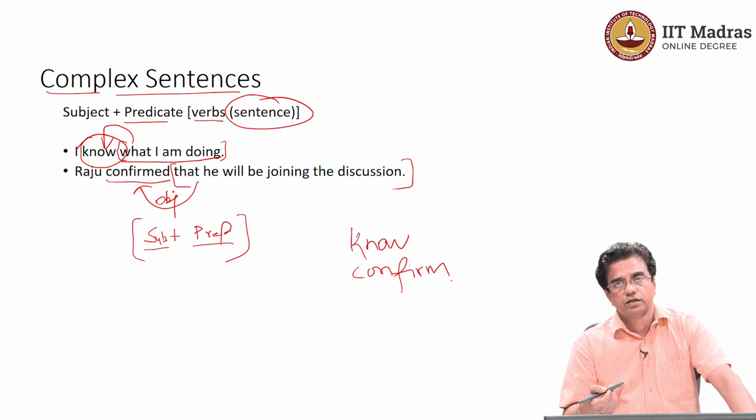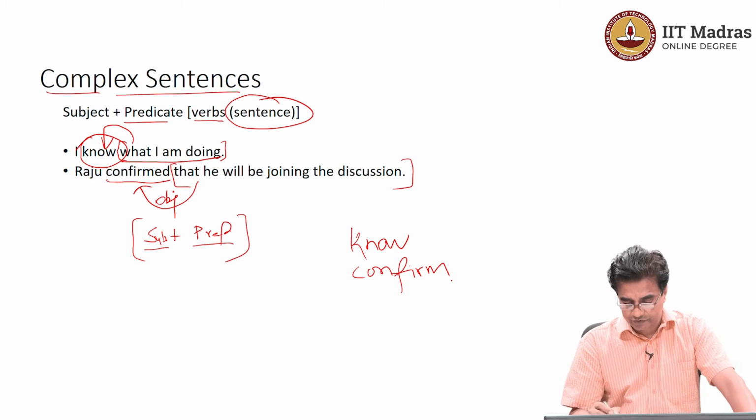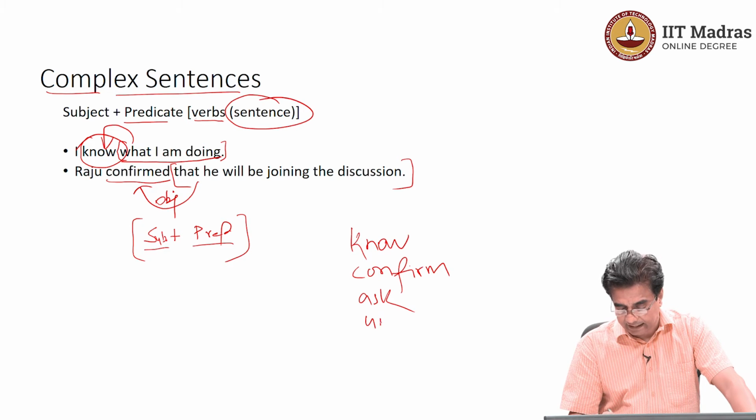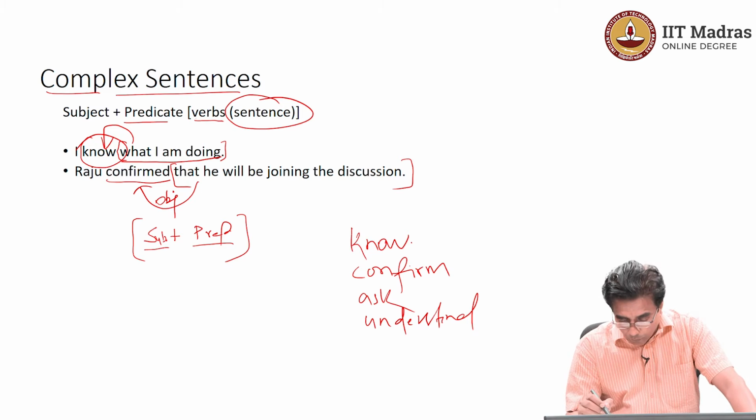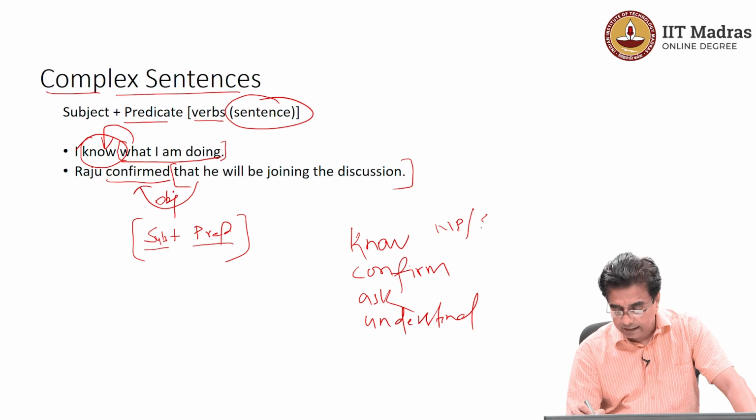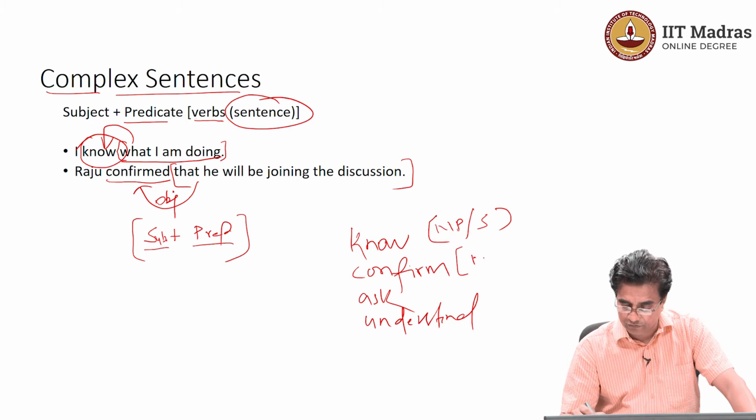There is a huge list of verbs like ask, understand, and many more, which can take both a noun phrase or a sentence as a complement.